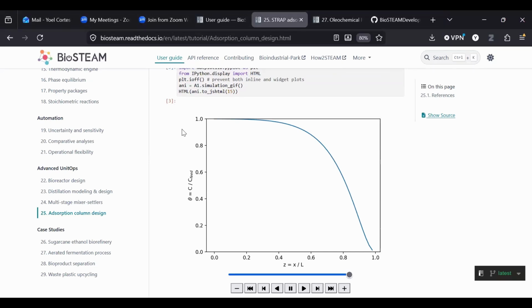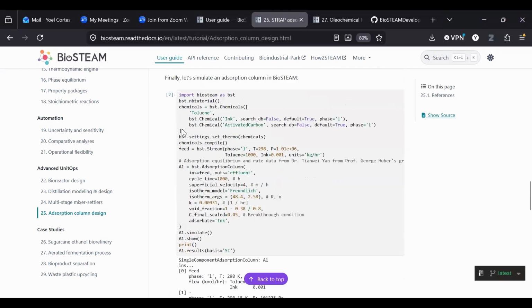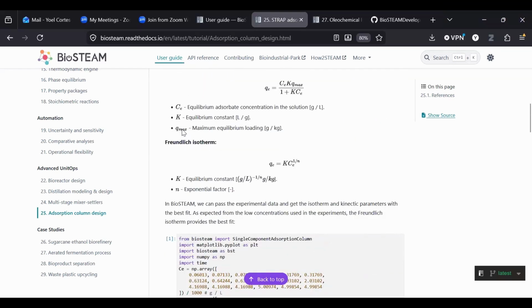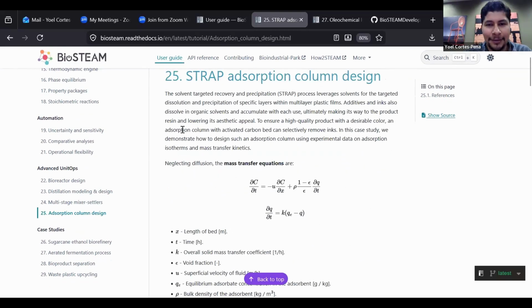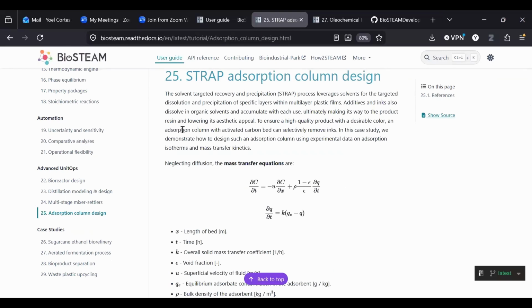But the biggest difference is that the adsorbent that is absorbing the ink kind of flows with the liquid. So it's not like a fixed bed, it's like a moving thing. We are still troubleshooting how to change it to a fixed bed column because we are running into some issues with the breakthrough of the column.